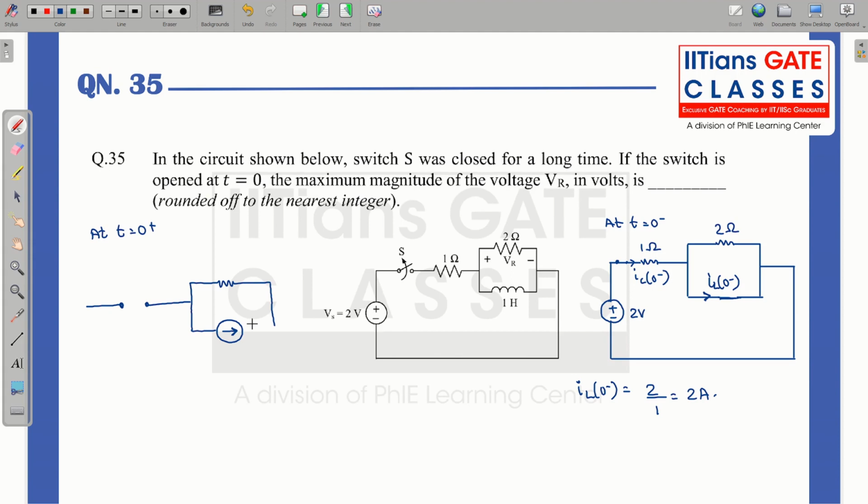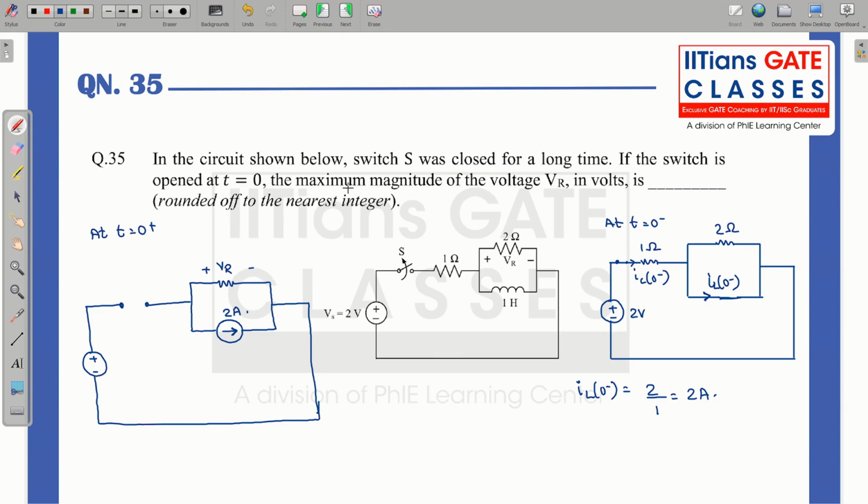So I can replace the inductor with an equivalent current source, and the direction of the current will be the direction of the current source. So now you can see the polarity of VR is given. So this is plus minus VR and this is 2 ampere.